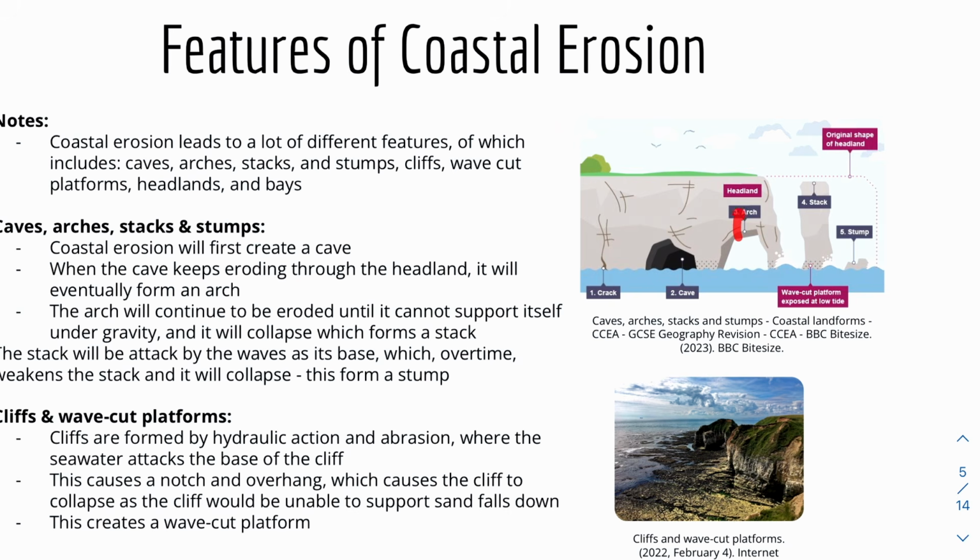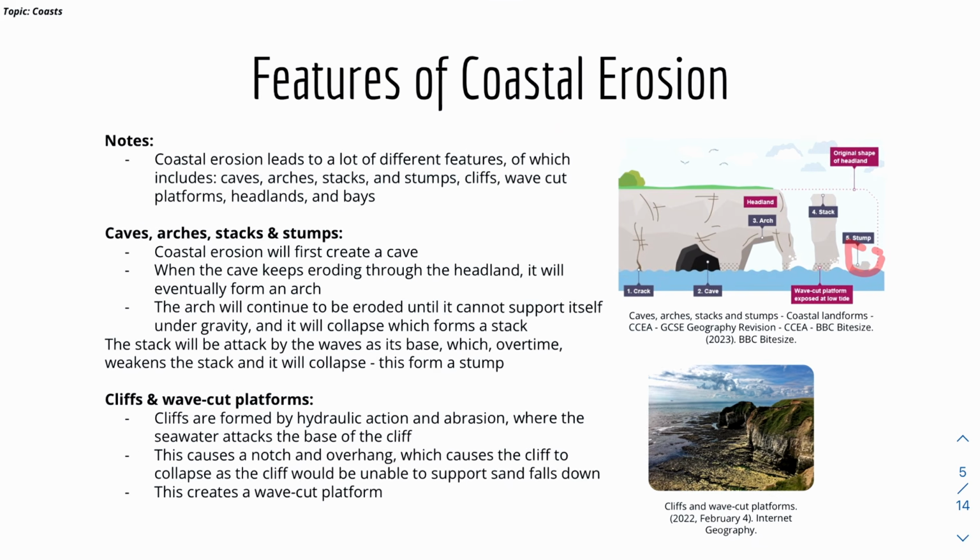So this will basically keep eroding upwards until it cannot support itself under gravity, and it will collapse, which forms a stack right here. And the stack will then be attacked by the waves at its base, which over time will weaken the stack and it will collapse, forming a stump. So that's caves, arches, stacks and stumps.